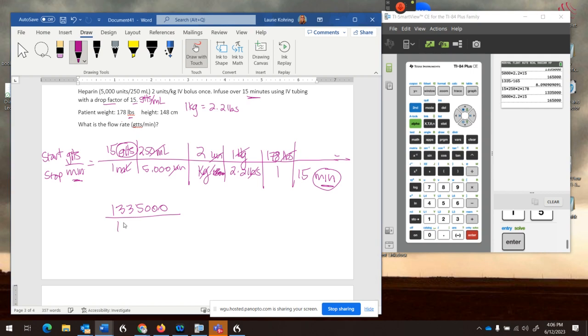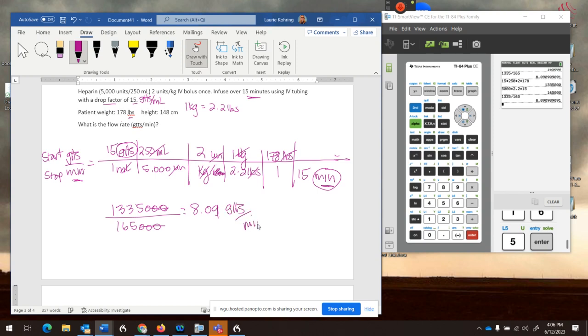And that gives us 165,000. We can cancel out an equal amount of zeros on the top and bottom if they're present. This makes our little calculator fingers work a little less. So 1,335 divided by 165 gives us 8.09 drops per minute.